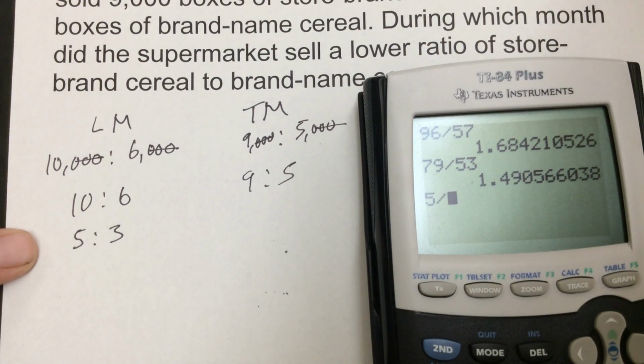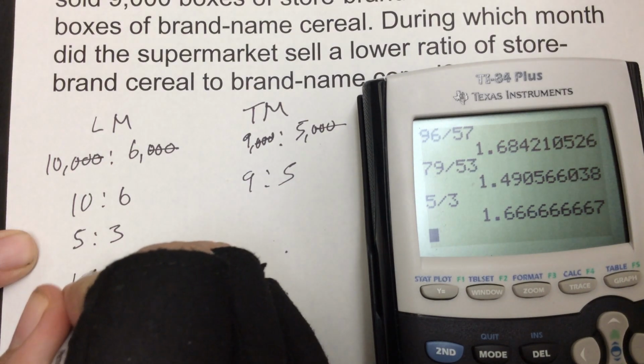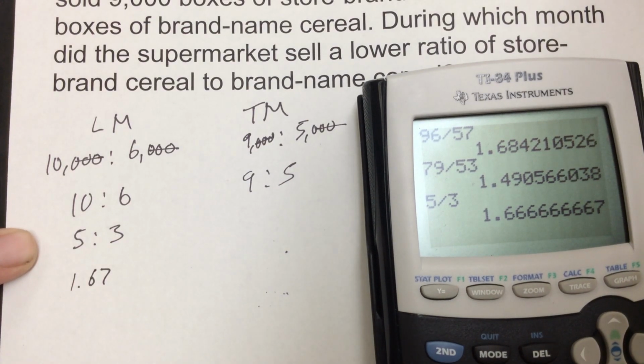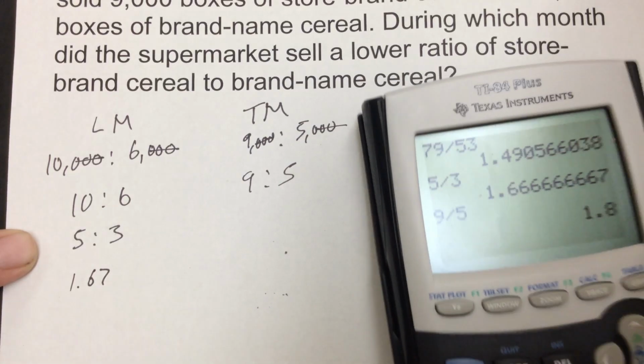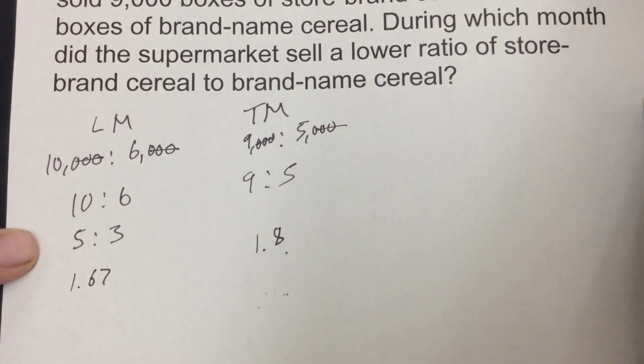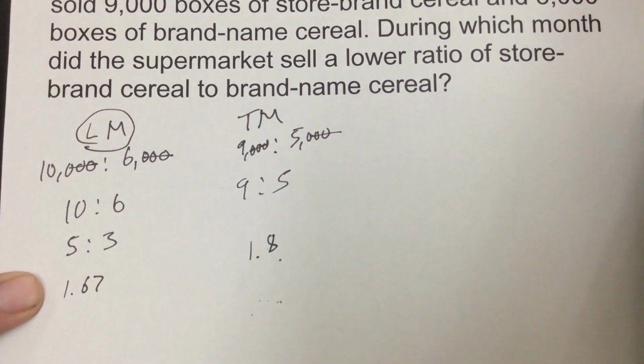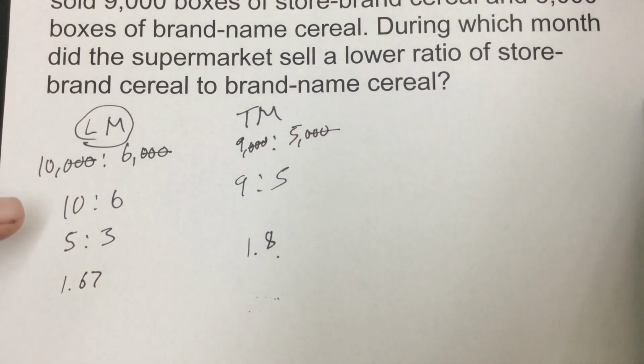So 5 divided by 3 is going to be 1.67. The other one, 9 divided by 5, would be 1.8. So again, which one is the lower ratio? Well, the first one, last month. Okay.